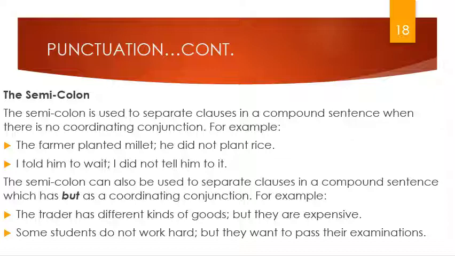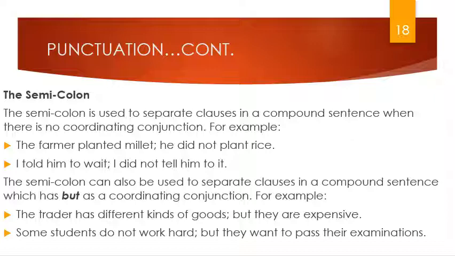For example, the farmer planted millet; he did not plant rice. I told him to wait; I did not tell him to eat. So we can see that a semicolon is used in the absence of a coordinating conjunction.